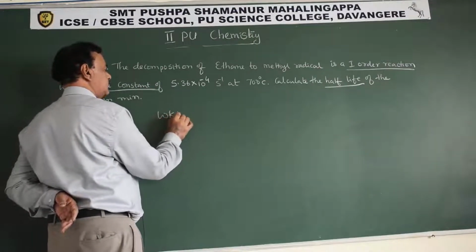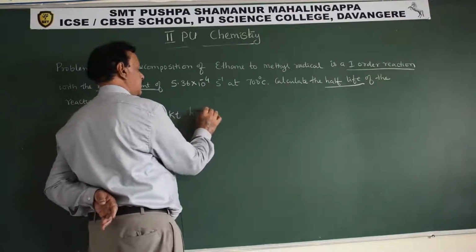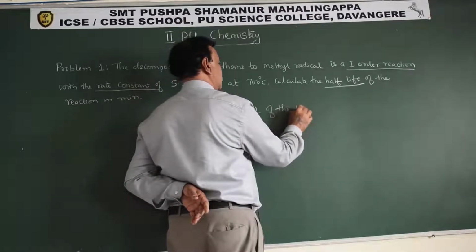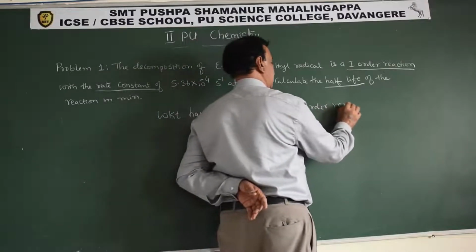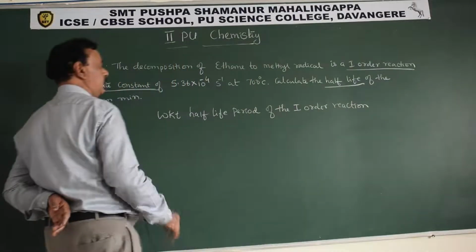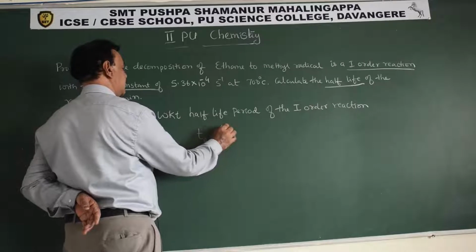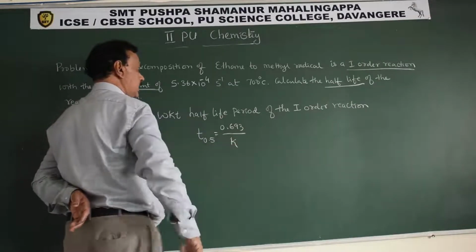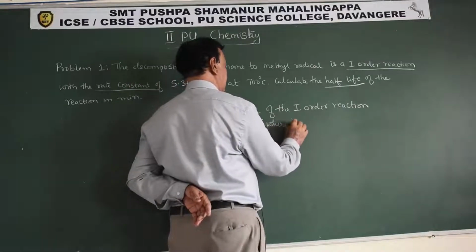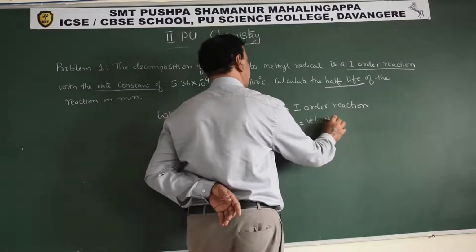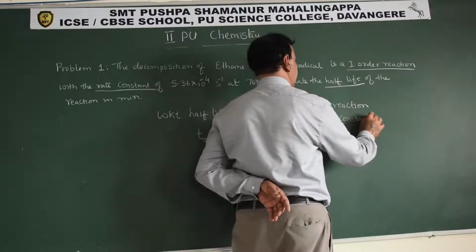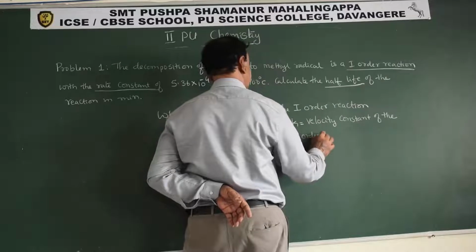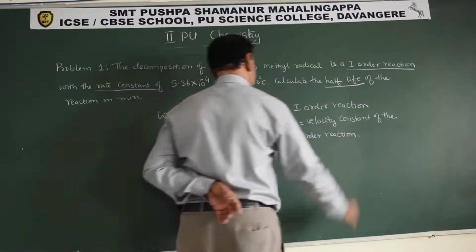We know that the half-life period of the first order reaction, T half, is equal to 0.693 divided by K, where K is the velocity constant of the first order reaction.